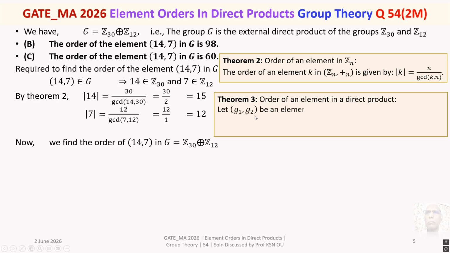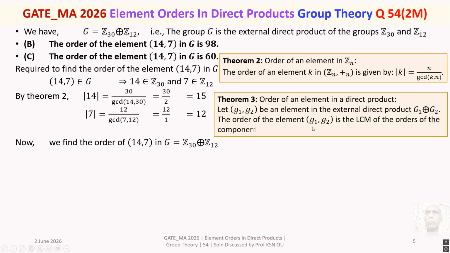Let (g1, g2) be an element in the external direct product G1 ⊕ G2. Then the order of the element (g1, g2) is the LCM of the orders of the components, that is the LCM of the order of g1 comma the order of g2.